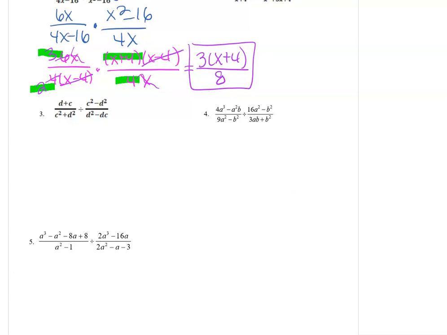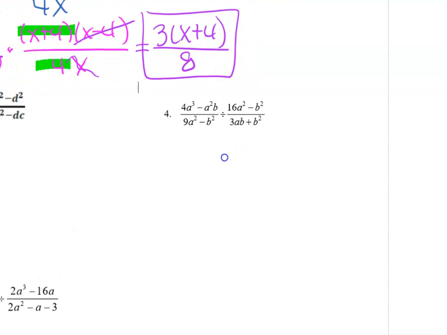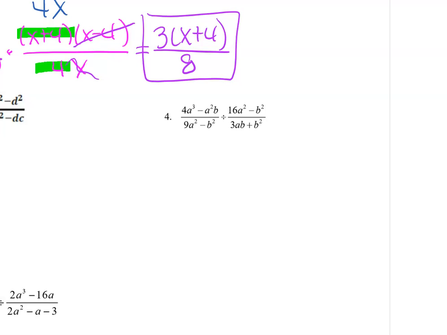Okay, I'll do 4 next. So again, keep, change, flip, and I'll actually factor while I do this. Like in the numerator of the first fraction, I can pull out an a squared.